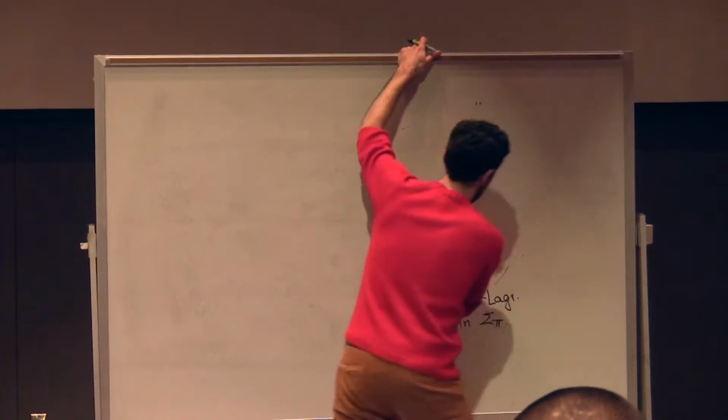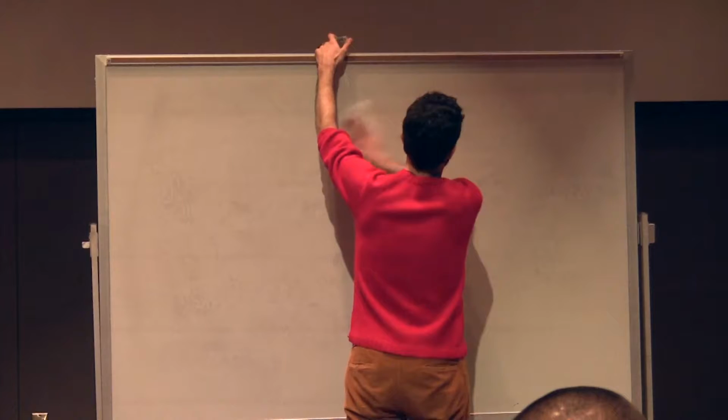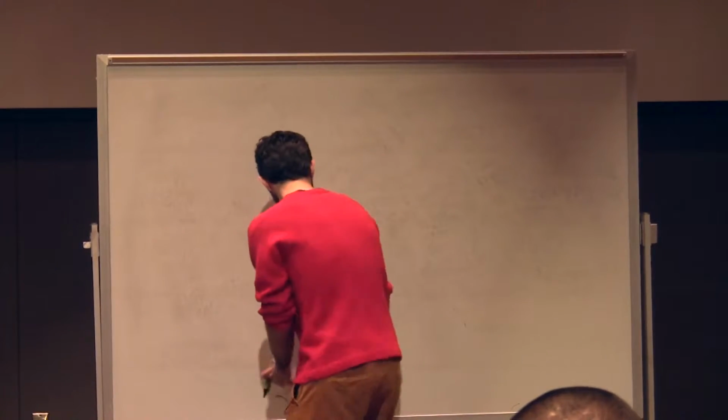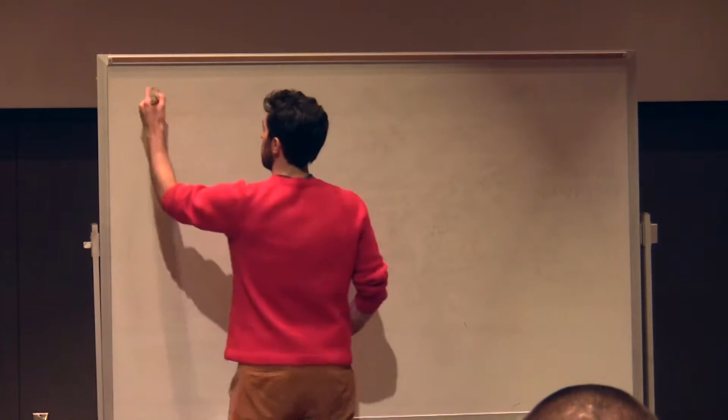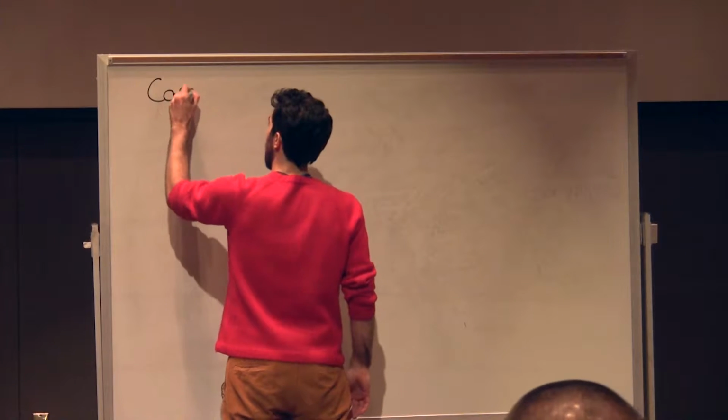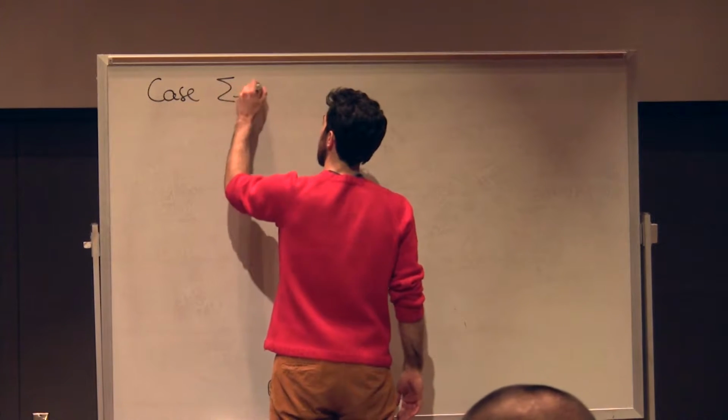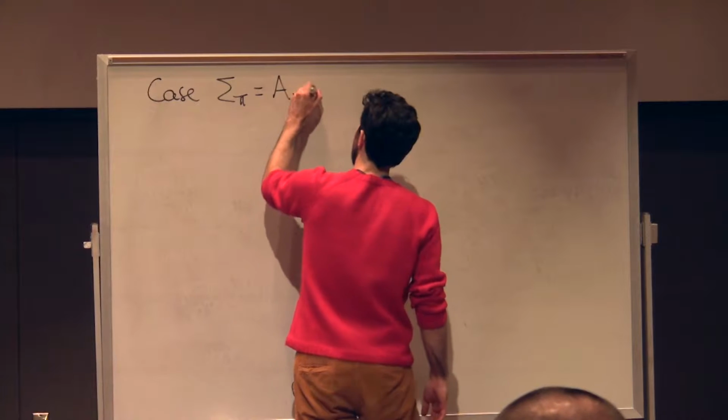which is the case that sigma pi is a plumbing of spheres in an A_k Dynkin diagram configuration. So, baby case 1. So sigma pi is an A_k Milnor fiber.